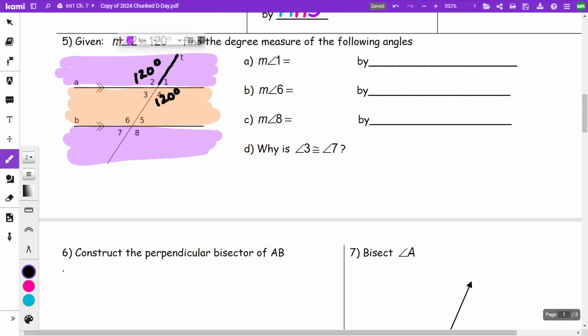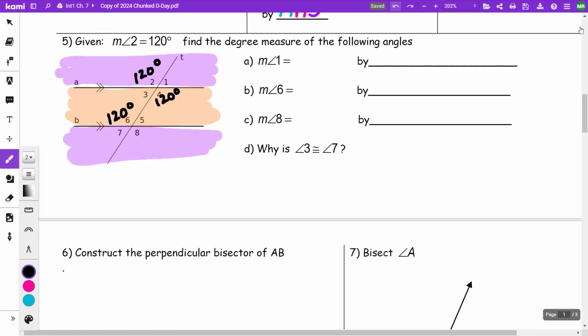We have this line here and this line here intersecting, so those are vertical angles. Now, if angle 2 is 120 degrees, then angle 6 is also 120 degrees because these two are corresponding angles.